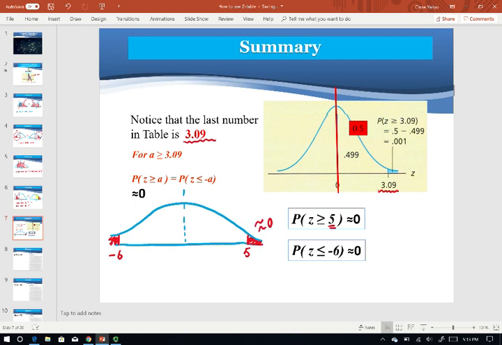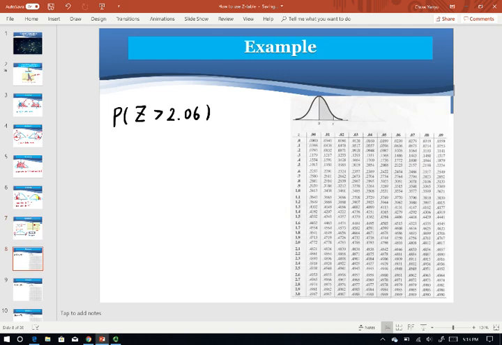Similarly, for -6, we can't find 6 in the z-table, and either you can use 3.09 again, or this area almost equals 0, very, very small. Now, let me use some examples to demonstrate how to use the z-table.